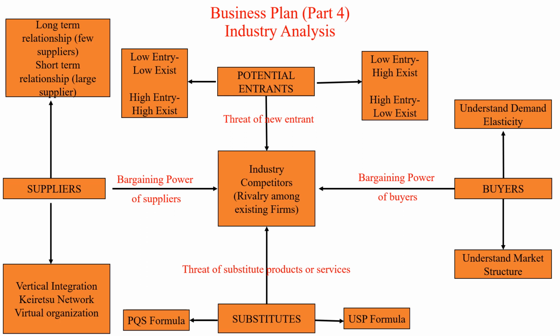You should see whether you are connected with the suppliers more in their upstream activities, the production activities, or you connect with the suppliers more in the downstream activities. You should understand whether you should go for horizontal integration, forward integration, or vertical integration. Then you should know the Keiretsu network.